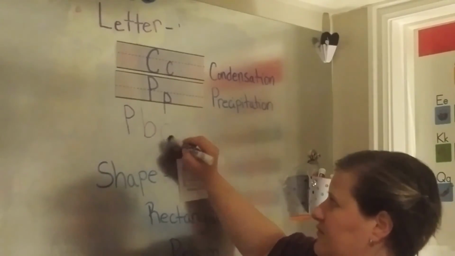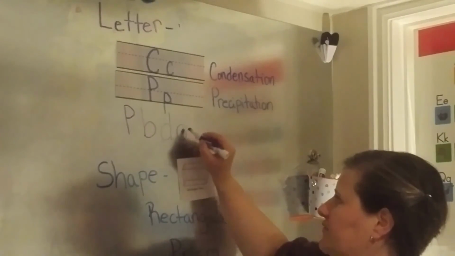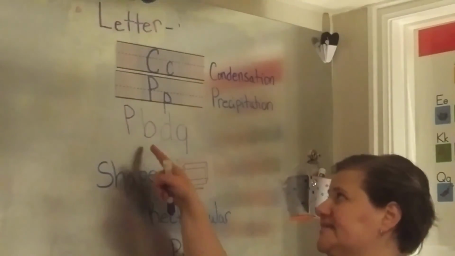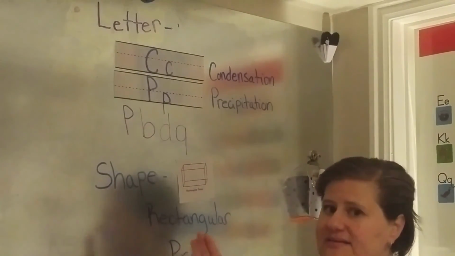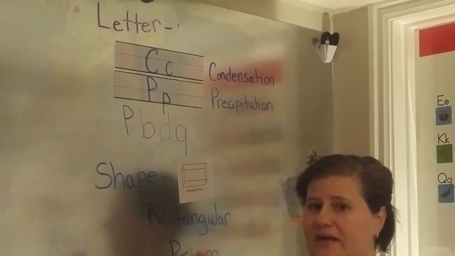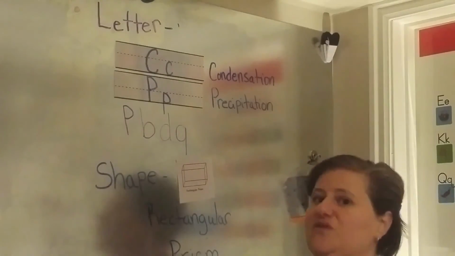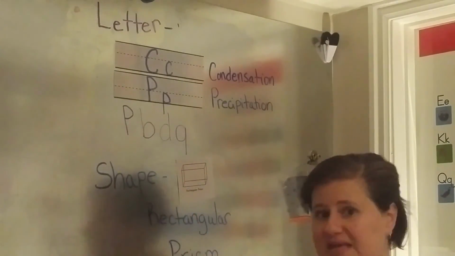And we have D, and we have Q. All of those are the same shape. They just are flipped different ways. So when you get one of these letters, you have to pause and think, okay, which way is it facing? What letter does that make it? Okay? It's okay if you get confused because they are very similar. Okay? But we're just going to keep practicing them.